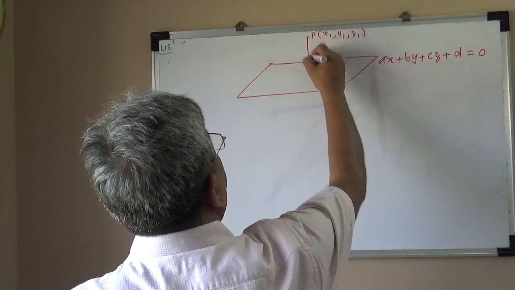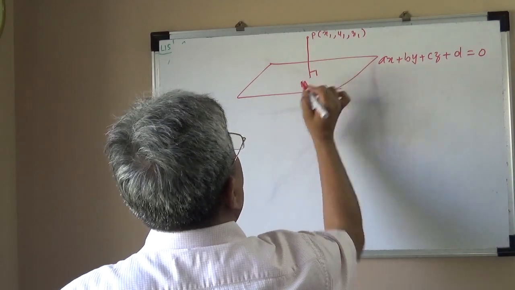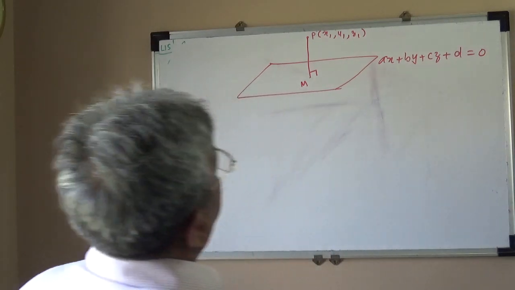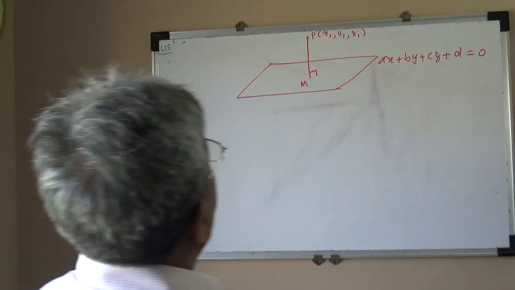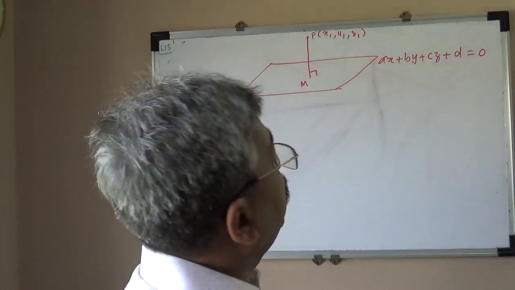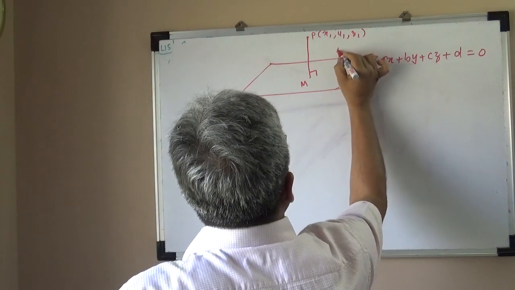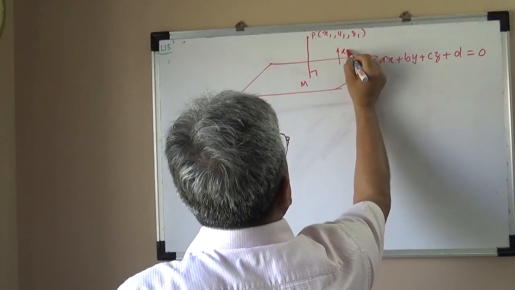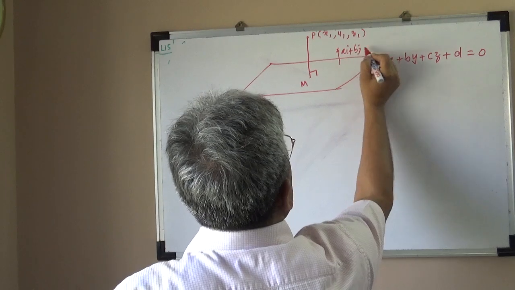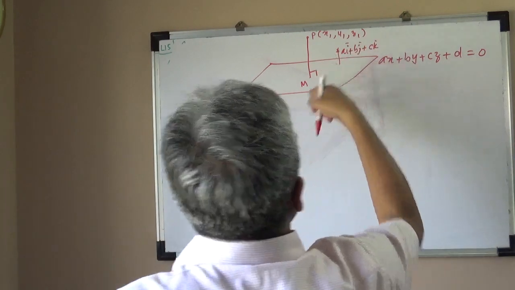You drop a perpendicular from P on this plane, let that point be M, and PM is going to be perpendicular to this plane. So what is the perpendicular vector? We know that the vector Ai plus Bj plus Ck is perpendicular to this plane.